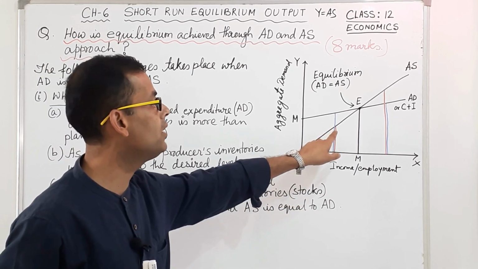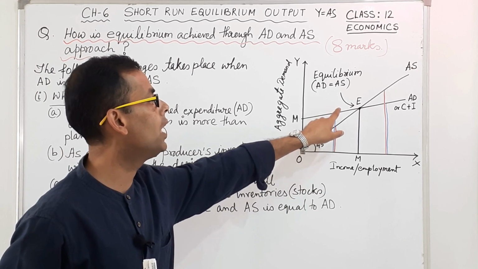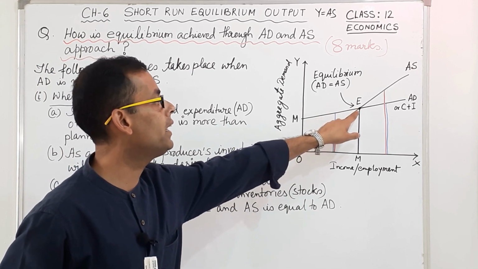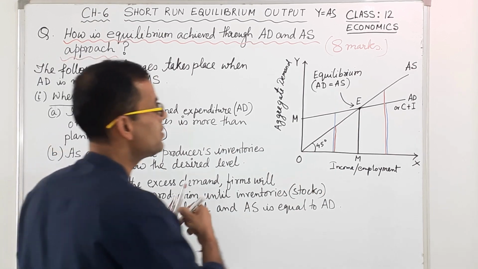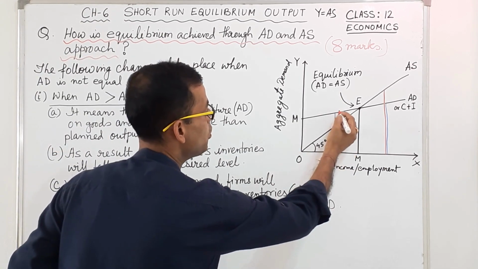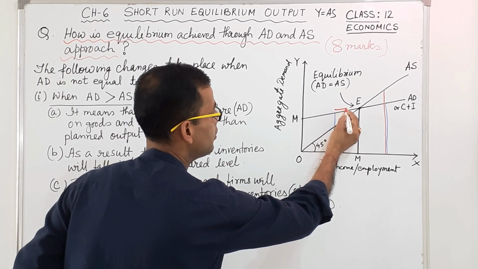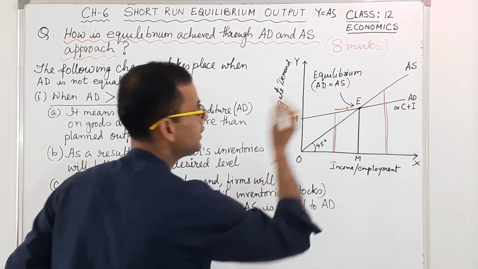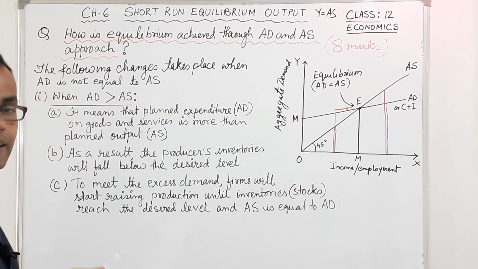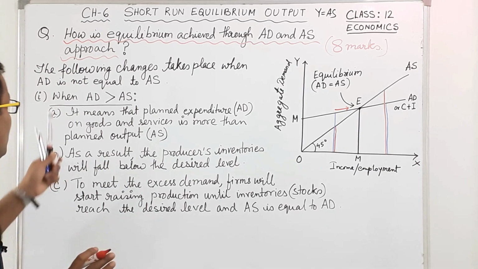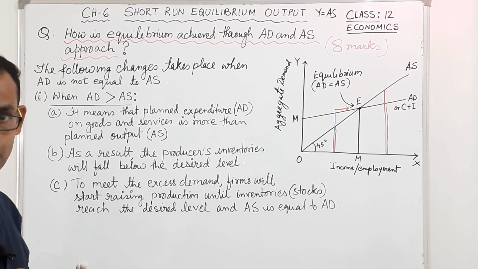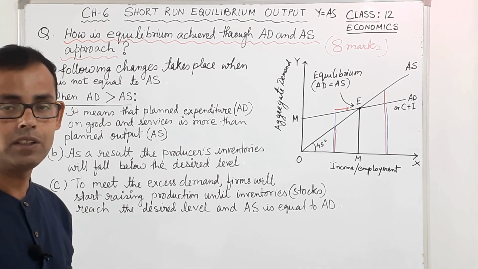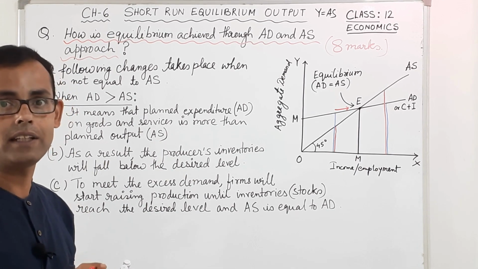That means the red line will go up, up, up, and it will meet here at this point, which is equilibrium. Again AD is equal to AS. This is the one condition when aggregate demand is more than aggregate supply. There is one more condition, so let's discuss that.